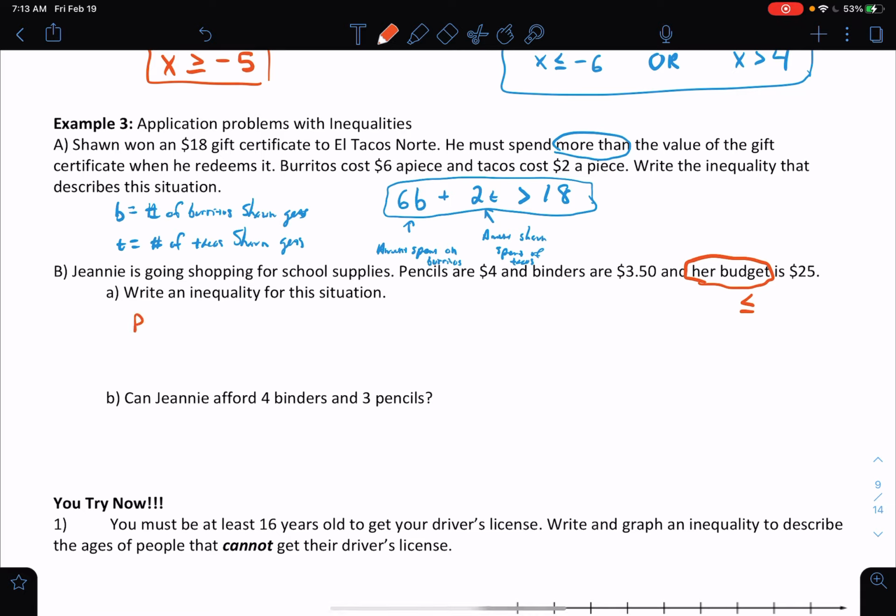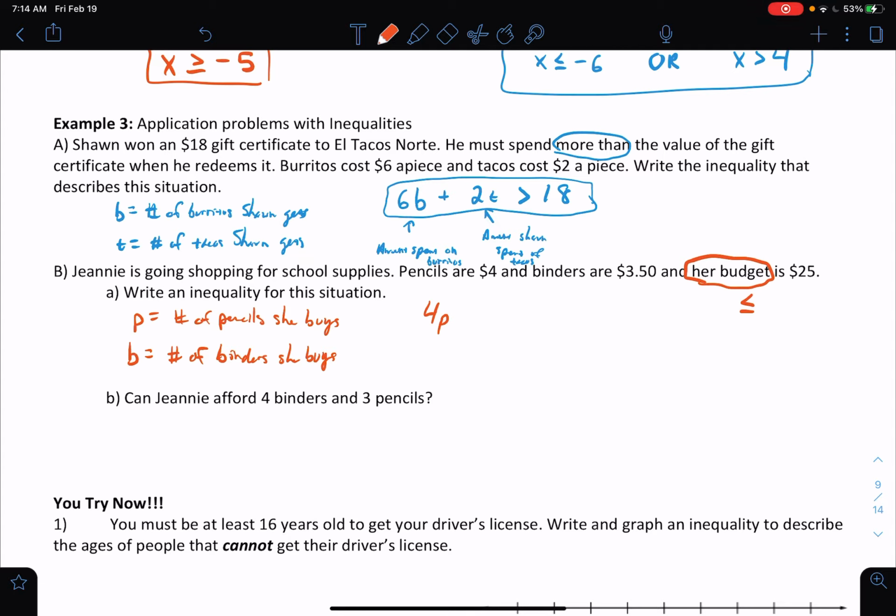If we've got two variables here, P and B, P is going to represent the number of pencils she buys, and B is going to represent the number of binders she buys. Pencils are $4 each, so the amount she spends on pencils is 4P.